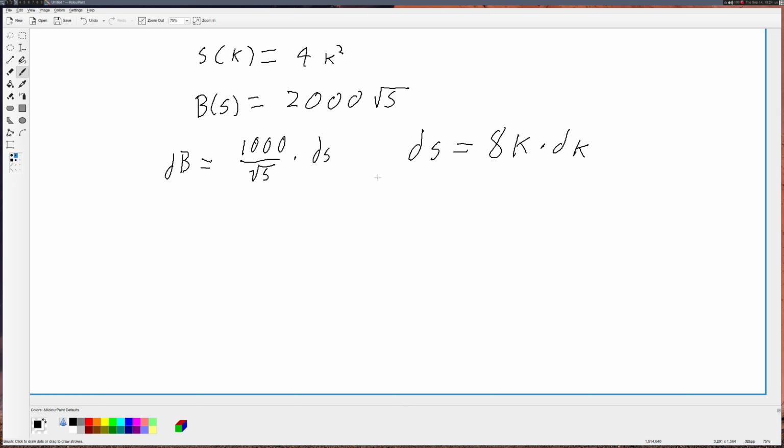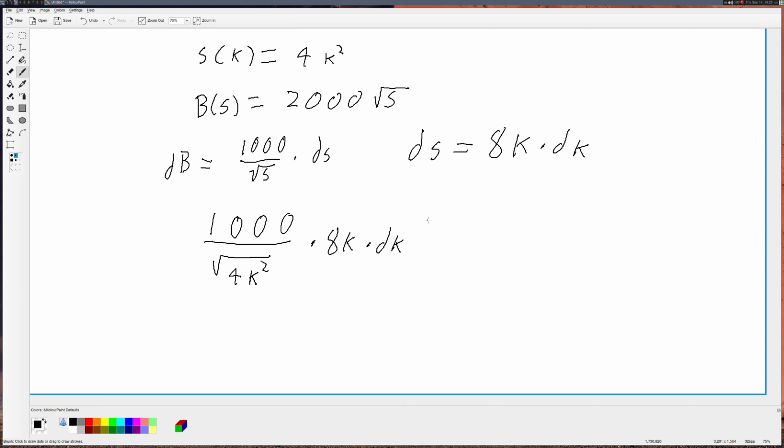Now that we have this, we can put this dB all in terms of k, so no need for s's. So that would be 1000 over the square root of 4k squared, because s is just 4k squared, and we multiply that by ds, which is 8k times dk.